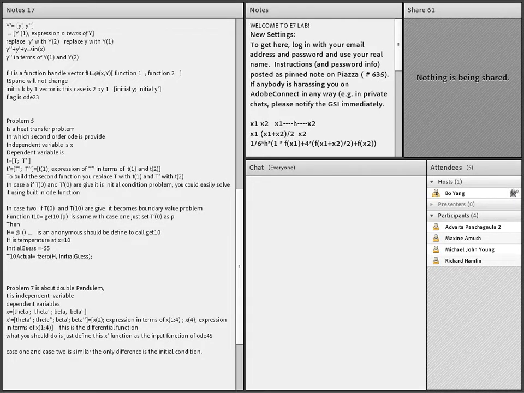If we replace the beta prime and theta prime with x2 and x4, we can find the expression of beta double prime and theta double prime in terms of x2 and x4. Also, I think x1 and x3 will be included in the expression.